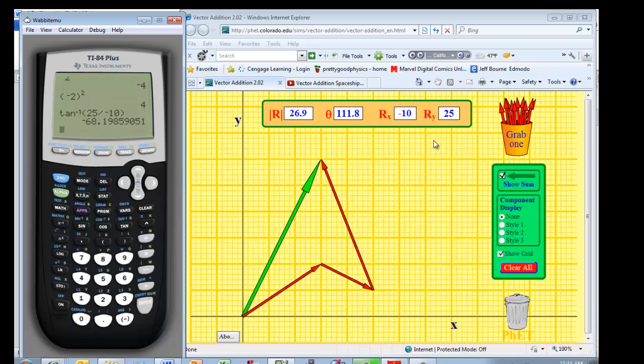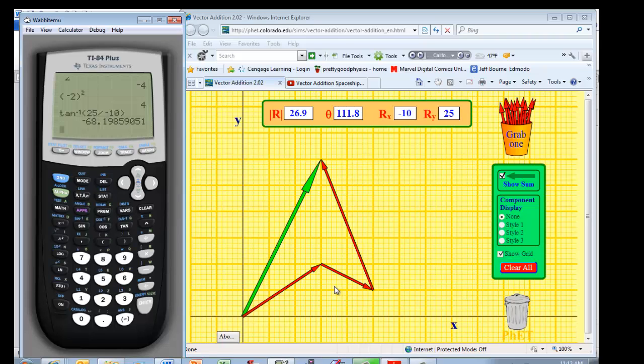Well, first of all, if you come back up here, realize this particular vector is in the second quadrant. It's got a negative x value but a positive y value, and it says it's negative 68. If we had a protractor and we measured this angle right here, from the x-axis, it would be negative 68 if you measure clockwise.